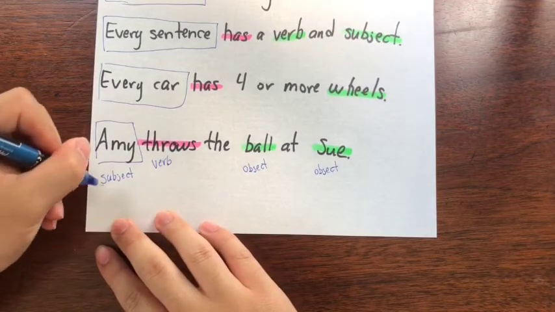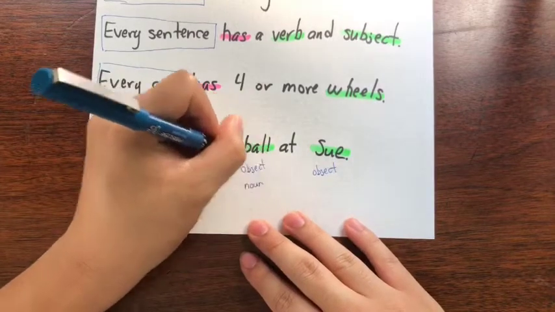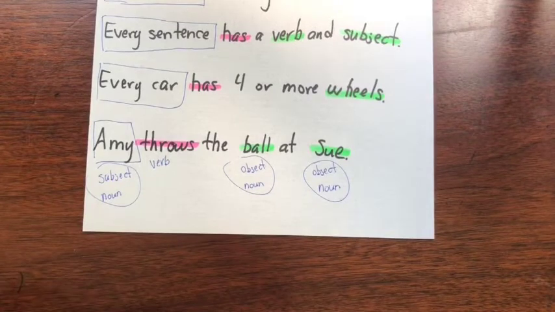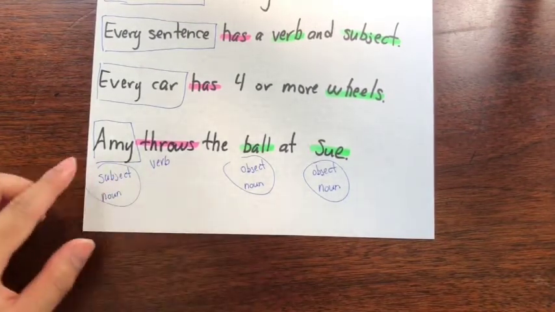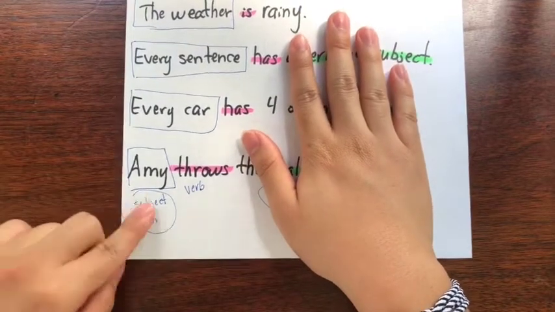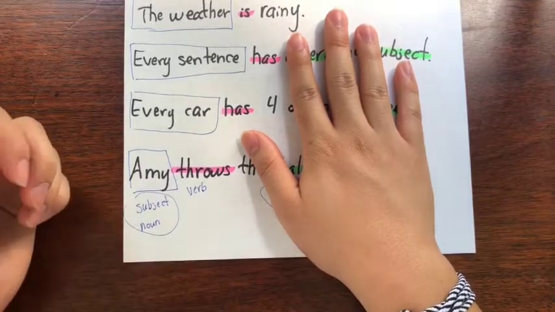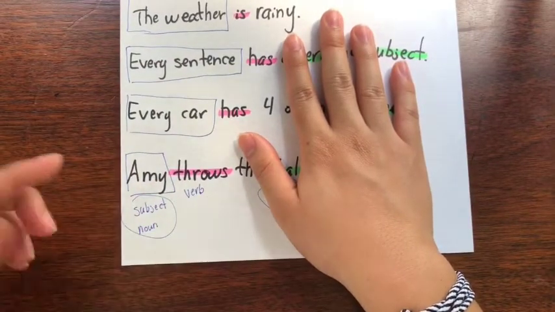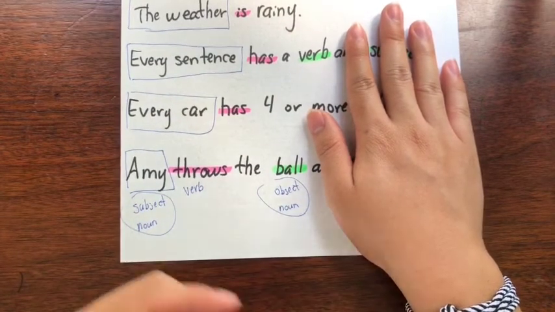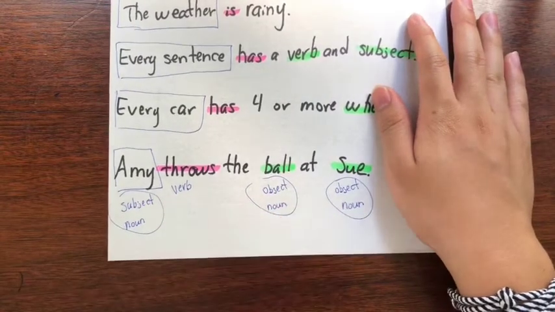Amy is a noun. So this is all of the parts of the sentence. Every sentence has a subject and a verb. These are the most important parts of the sentence. Amy throws. Okay, what does she throw? She throws the ball. Where does she throw the ball? She throws the ball at Sue.